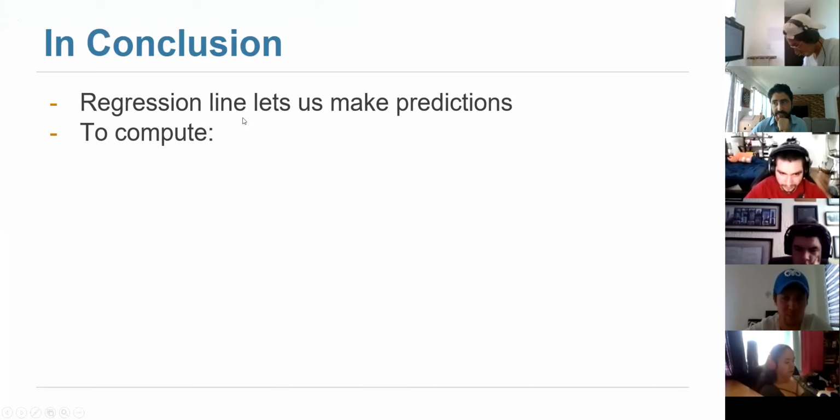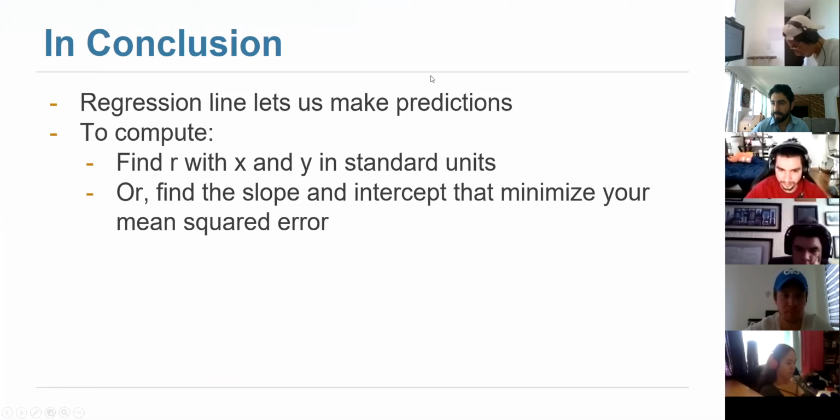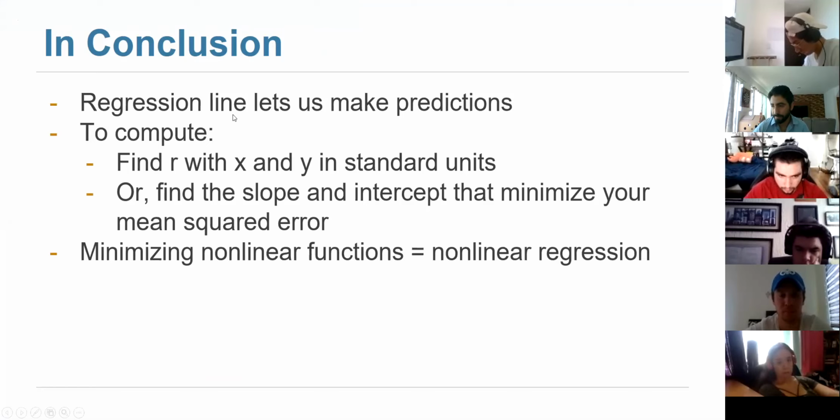So the regression line lets us make predictions. That's what we saw. We find R with X and Y in standard units, or find the slope and intercept that minimize your mean square error. That was two different ways to get that regression line. But you can also use that for minimizing nonlinear functions.